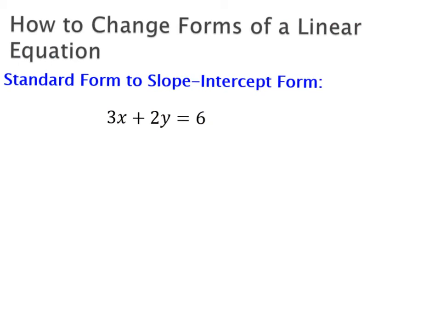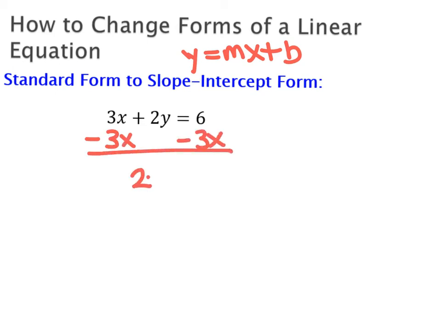Now, in order to change an equation that's in standard form into slope-intercept form, our goal is to change it into that y equals mx plus b form. So you want to solve to get y by itself. So the first step of this process is I would subtract 3x from both sides, which will give me 2y equals negative 3x plus 6.